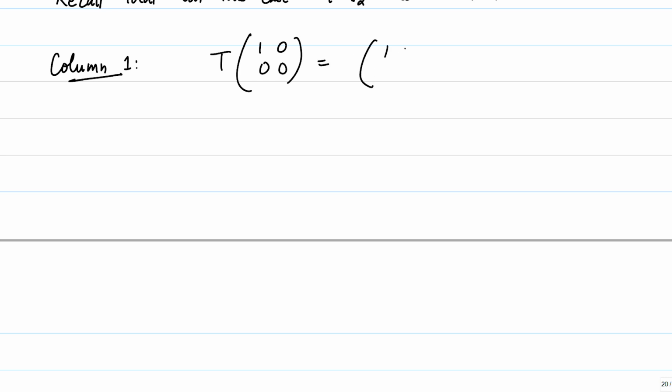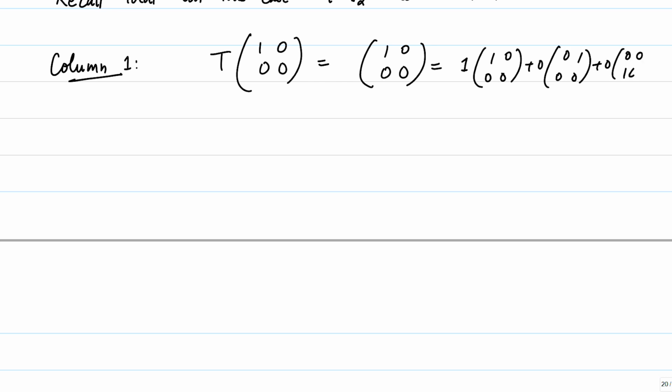This is just going to be 1 0 0 0 by definition, which is equal to 1 times 1 0 0 0 plus 0 times 0 1 0 0 plus 0 times 0 0 1 0 plus 0 times 0 0 0 1.